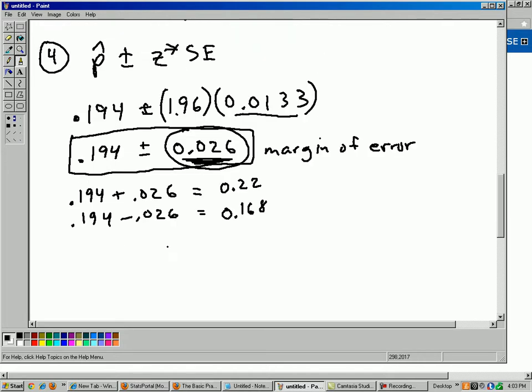So then I can give my confidence interval like this, in parentheses, 0.168, comma, 0.22. And that's a perfectly good way to give the answer as well.